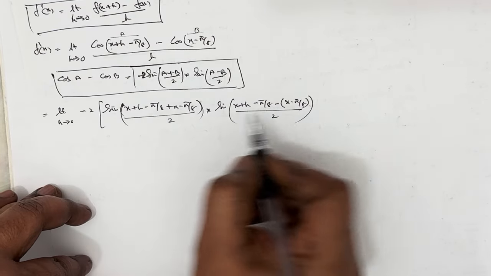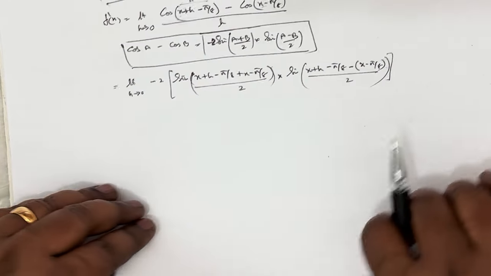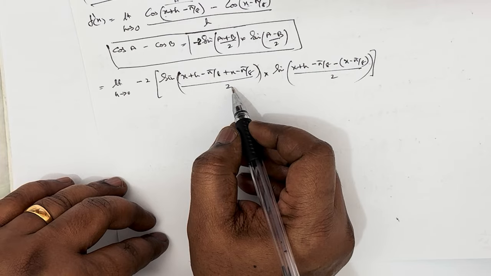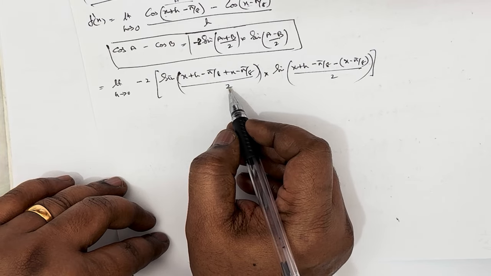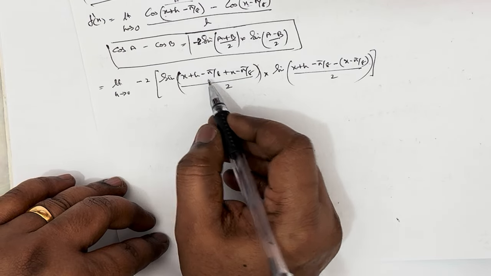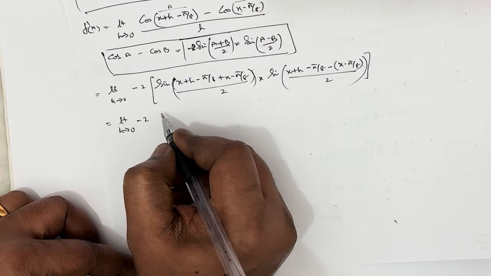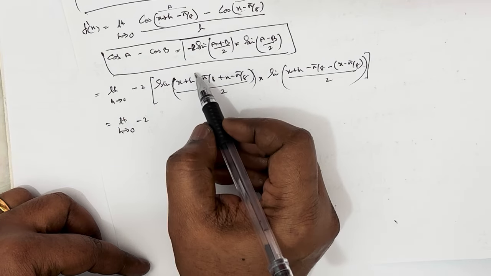So let negative 2 be common here. Now let's multiply this 2 here, so limit h tends to 0 negative 2. We have one more thing, upon h.